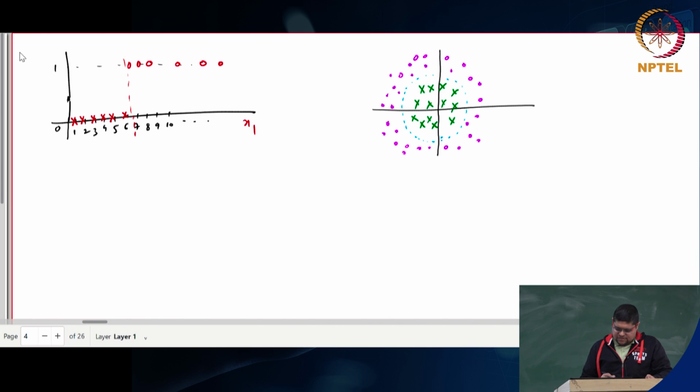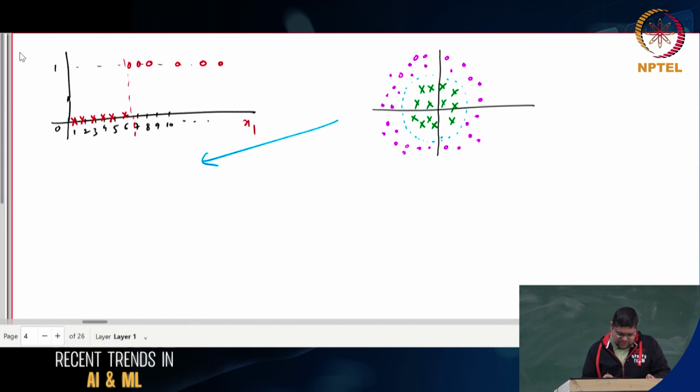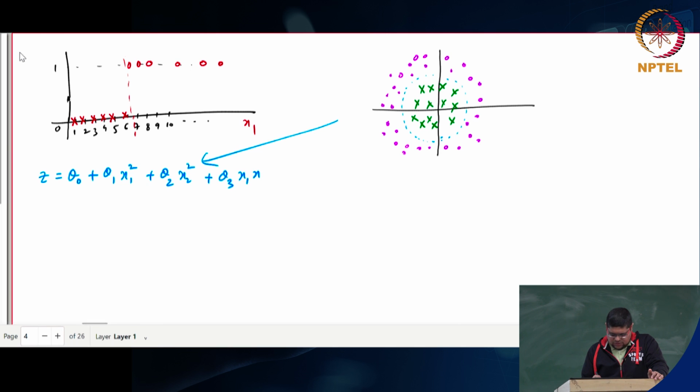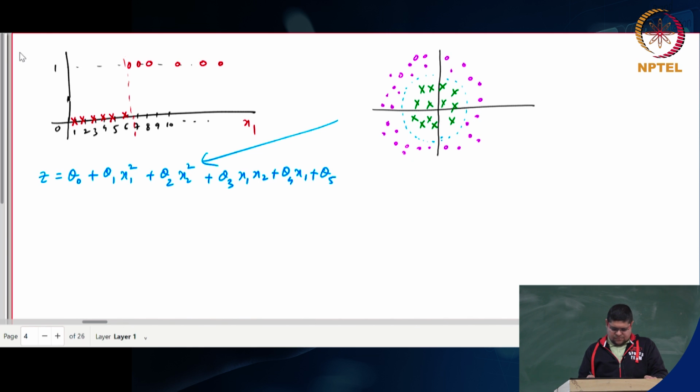So remember this thing. Suppose for this case we are considering, say I have this z equal to theta 0 plus theta 1 x1 square plus theta 2 x2 square plus theta 3 x1 x2 plus theta 4 x1 plus maybe theta 5 x2.